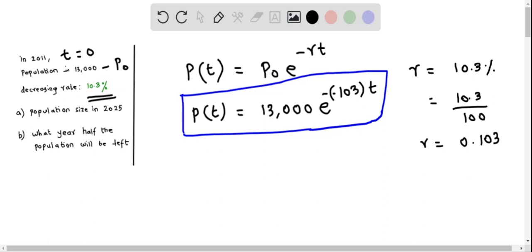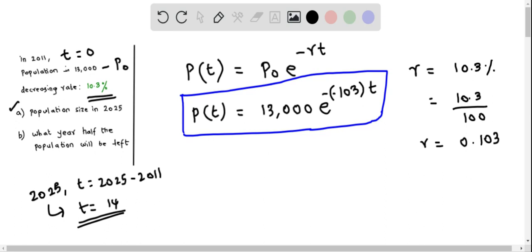Now let's answer this part A question, that is we have to determine the population size in 2025. So 2025 corresponds to t equals 2025 minus we subtract the beginning of the year, that is 2011, and so this equals 14. So t equals 14 corresponds to the year 2025.